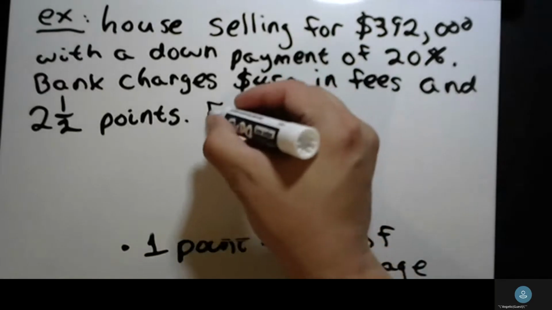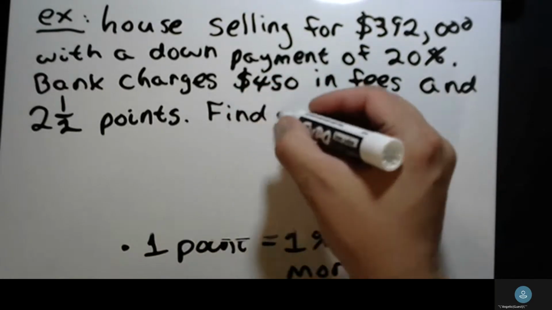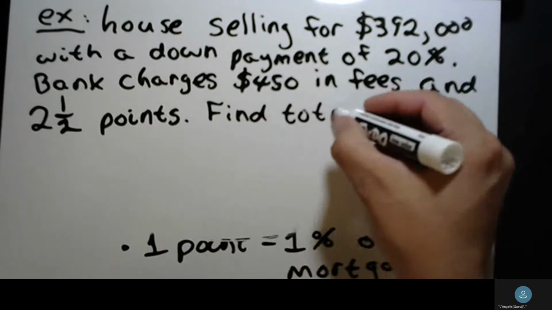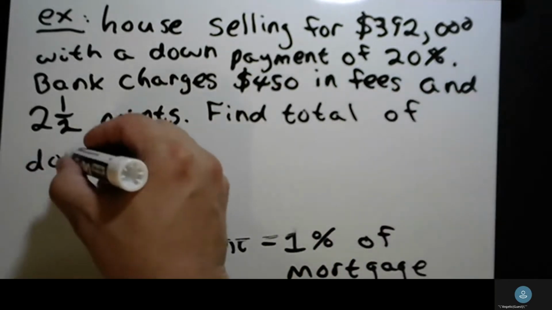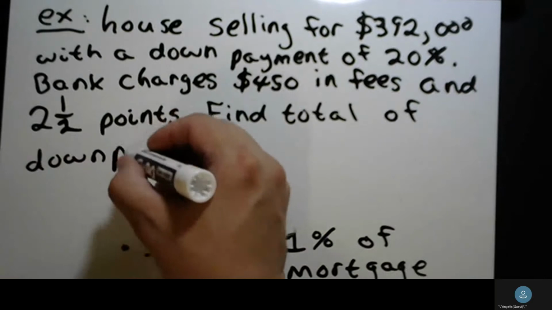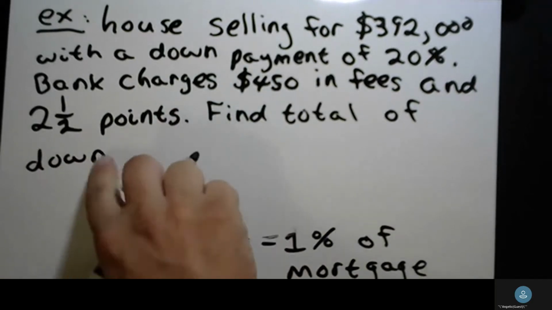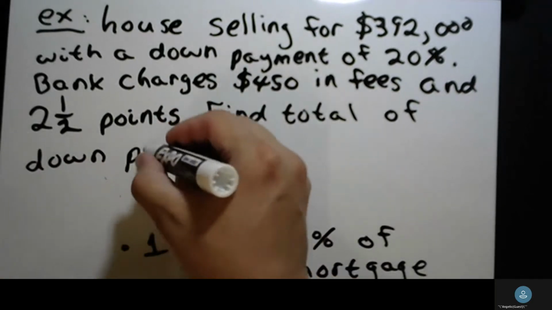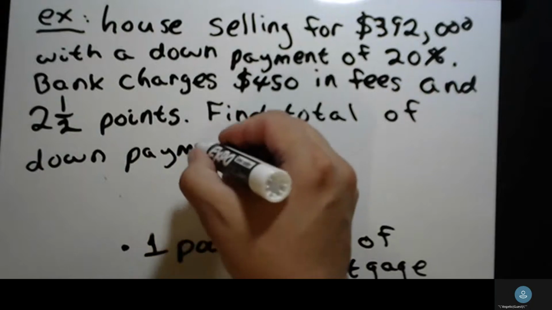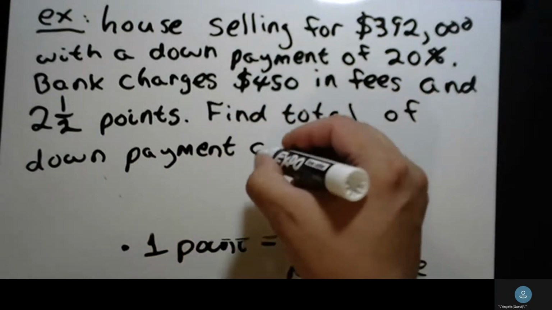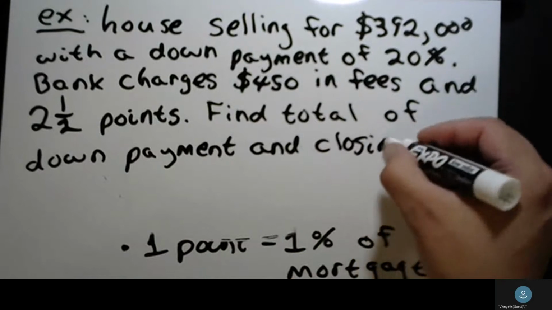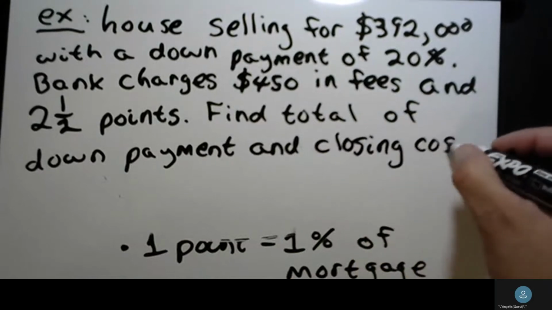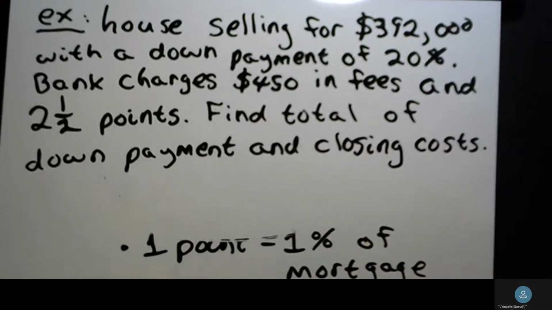So let's find the total of the down payment and the closing costs, which again includes those points.